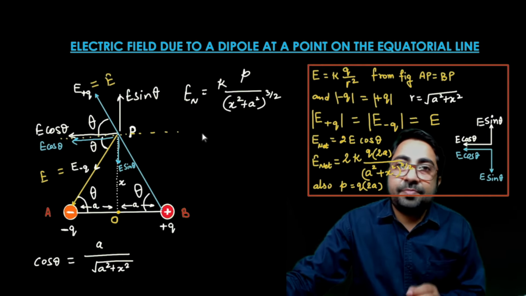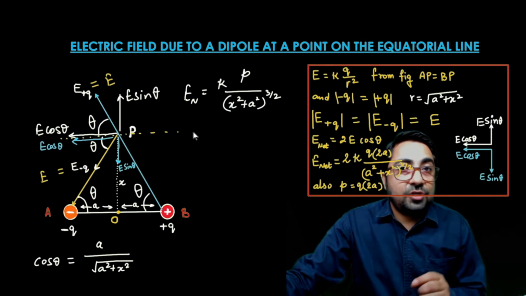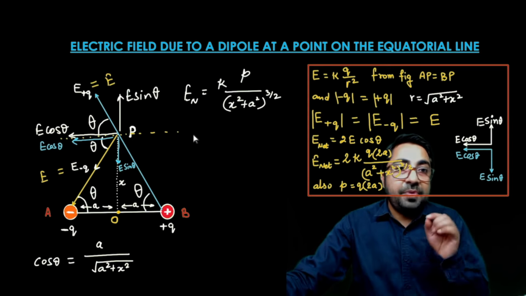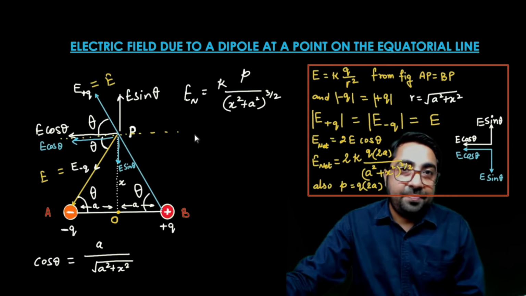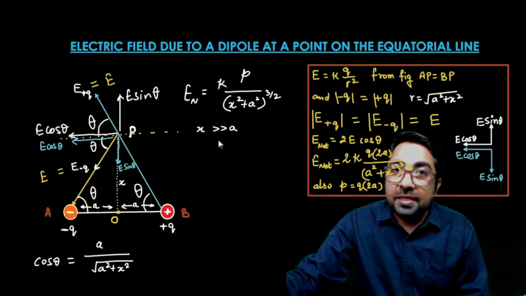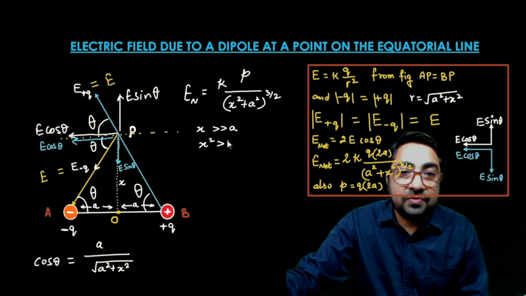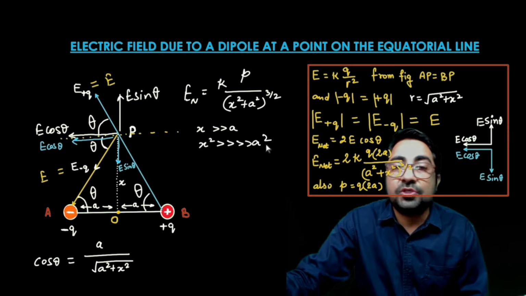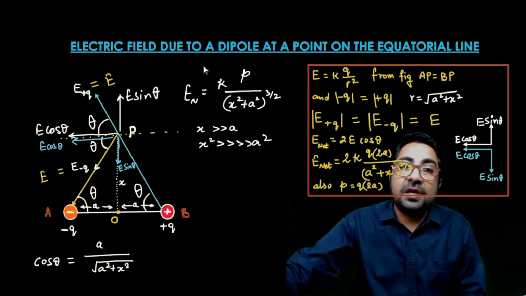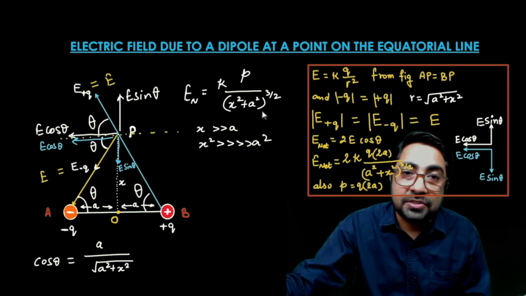Let's take one special case, that is for a short dipole. For a short dipole, it means the point P is situated very far away. So if x is much greater than a, then x square is much greater than a square, and I can neglect the term a square from the general expression of the electric field intensity.